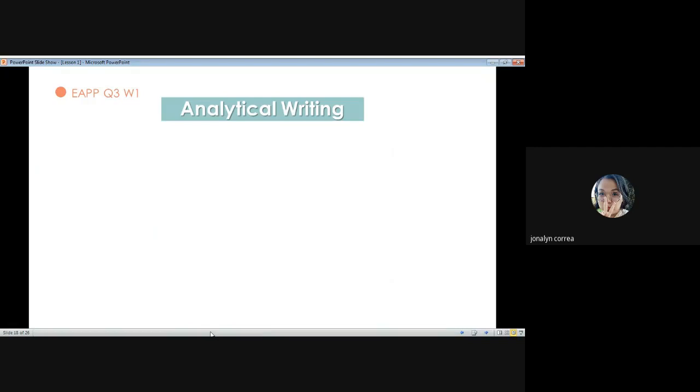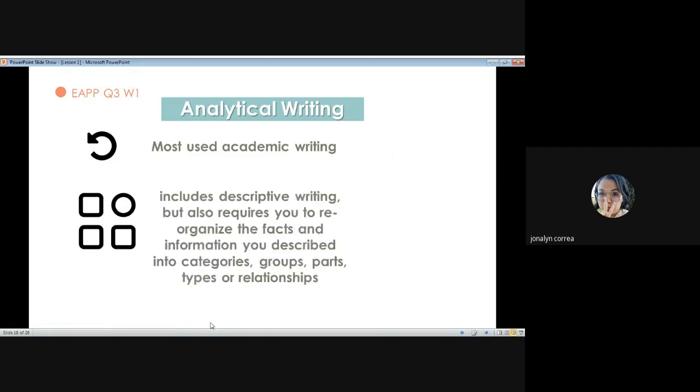Next is the analytical writing. Analytical writing is the most used academic writing. It includes descriptive writing, but also requires you to reorganize the facts and information you describe into categories, groups, parts, types of relationships.